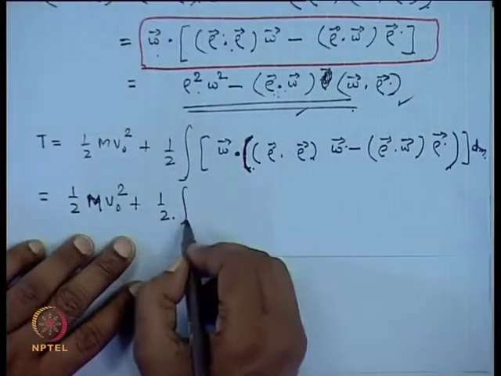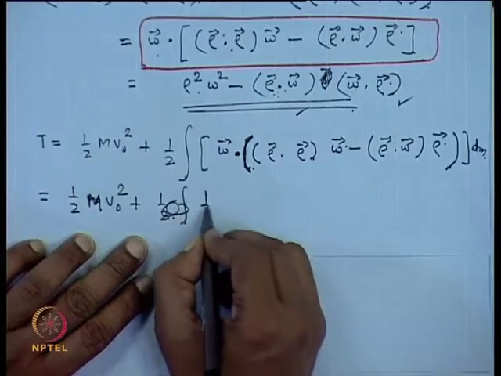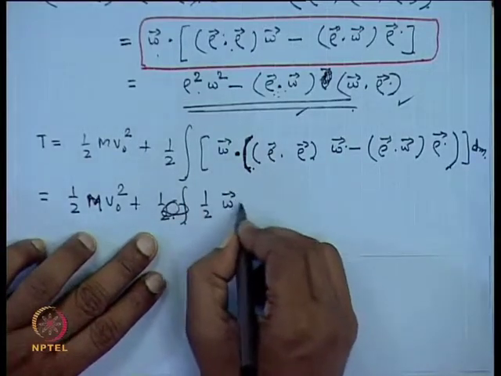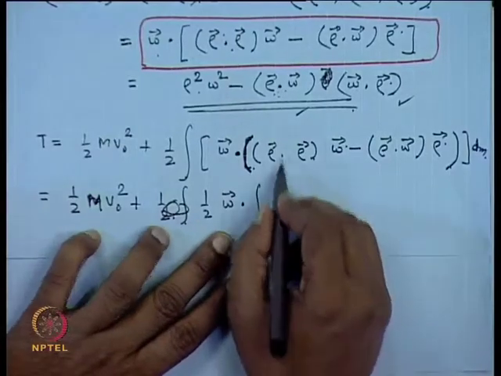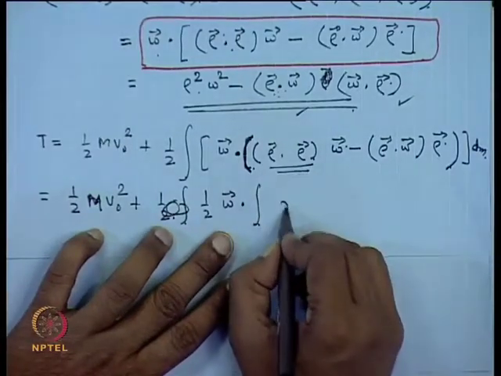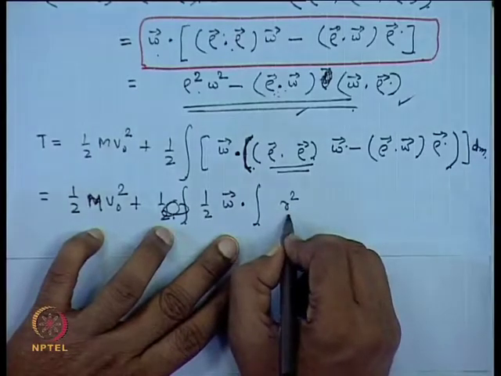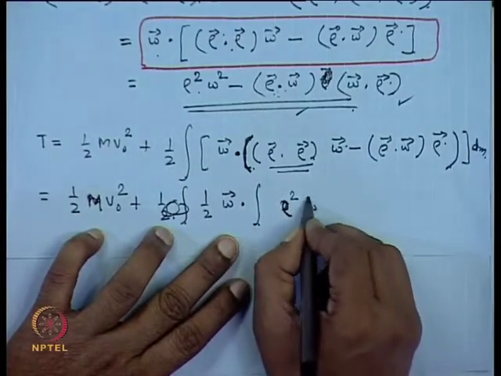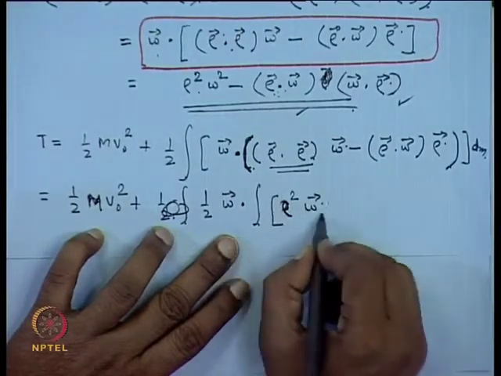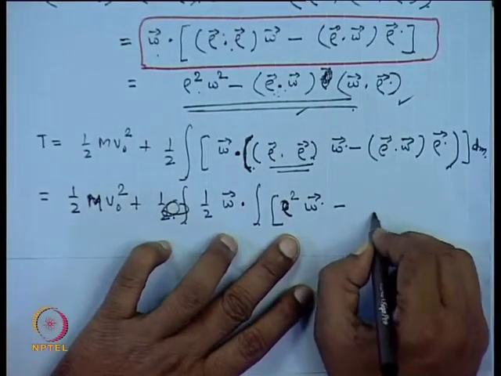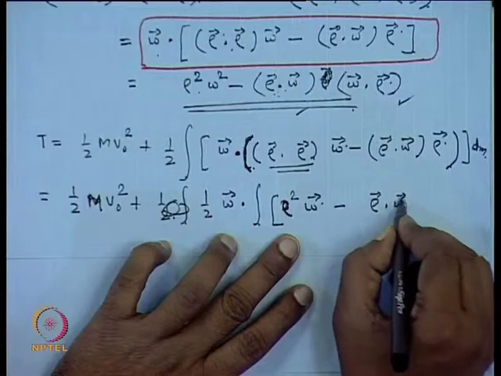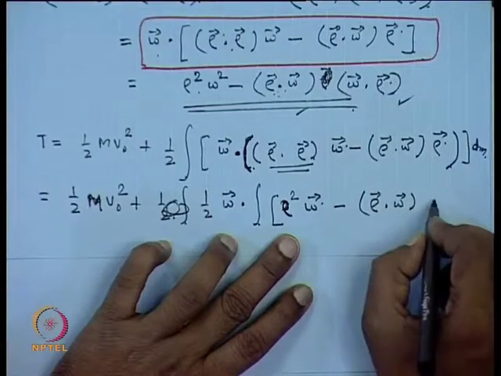This omega dot we can take it outside. So, let us take it outside omega dot, and then inside the integration sign this quantity will represent as rho square minus omega, and this becomes rho dot omega.